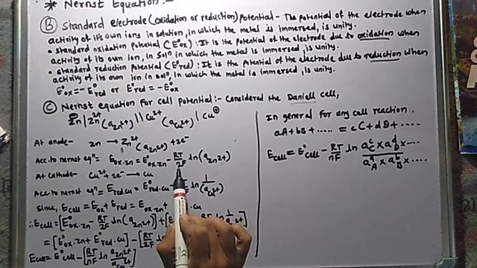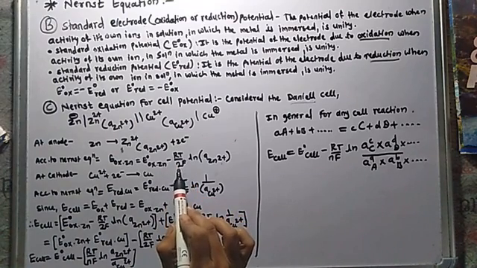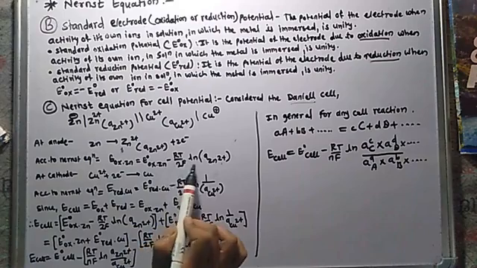Here we consider n equal to 2. We know what n is: n is the number of electrons involved in the oxidation process. So here there are 2 electrons, therefore we can write n equal to 2, and we get this Nernst equation.